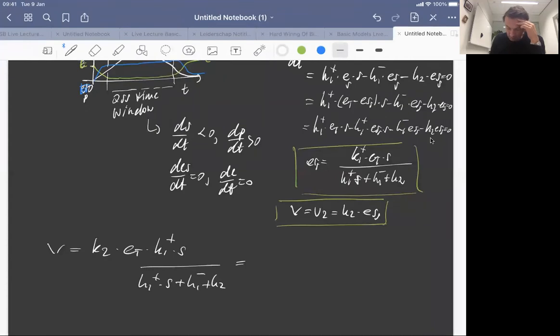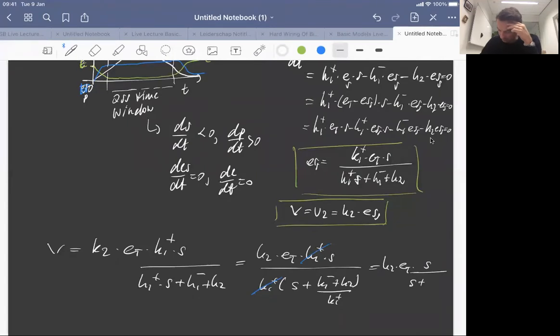Now, when I move K1 plus out of the brackets in the lower part, I get S plus K1 minus plus K2 divided by K1 plus. And then these K1 pluses I can remove. Then I get K2 times E total times S divided by S plus K1 minus plus K2 divided by K1 plus.